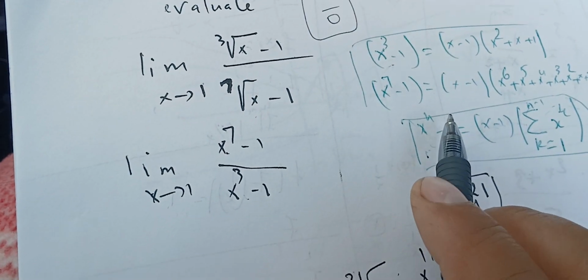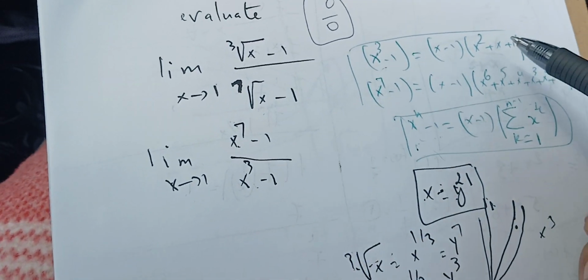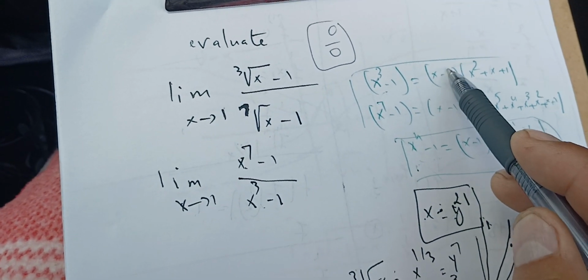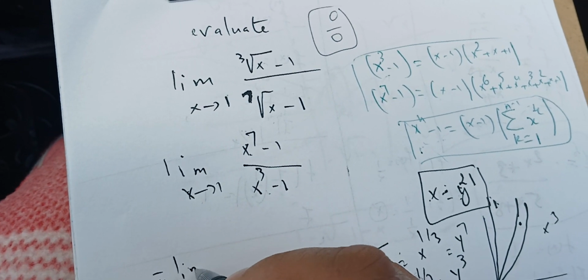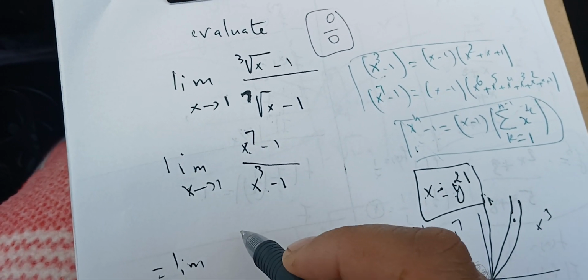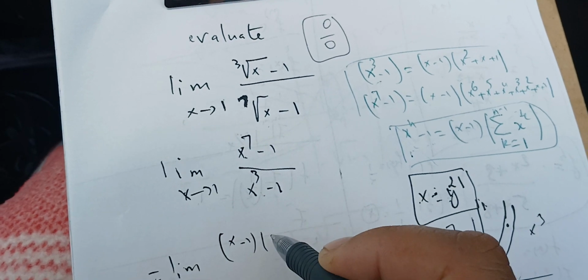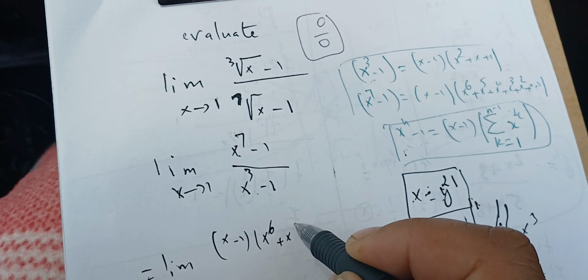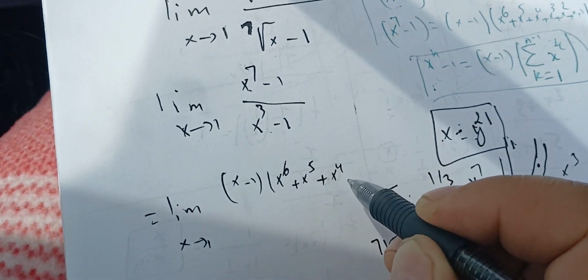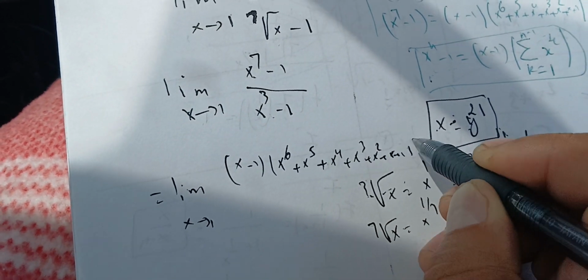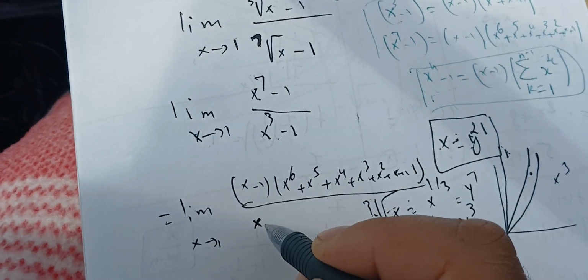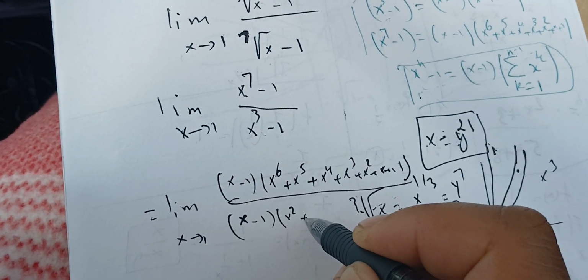So now I'm going to use this fact here and cancel by x minus 1. We write the limit as x goes to 1 of x minus 1 times x to the power 6 plus x to the power 5 plus x to the power 4 plus x to the power 3 plus x squared plus x plus 1, everything over x minus 1 times x squared plus x plus 1.